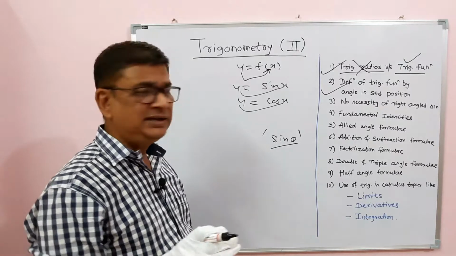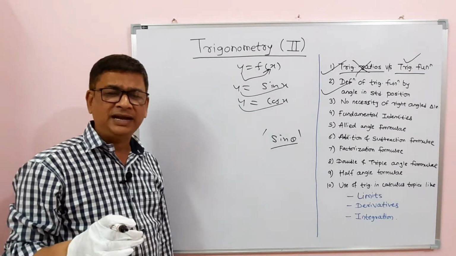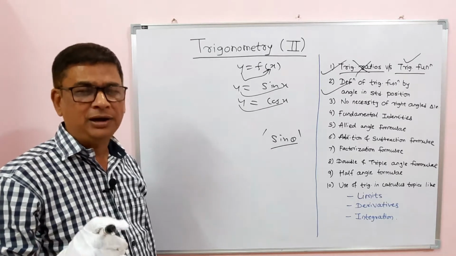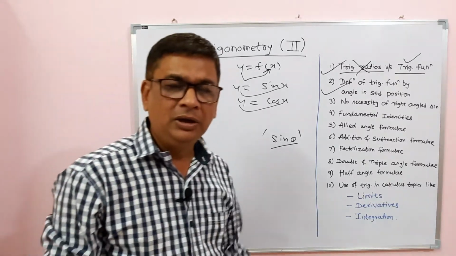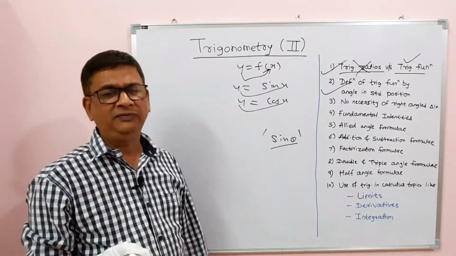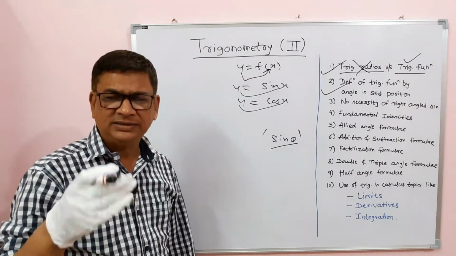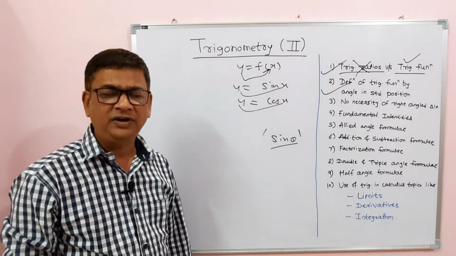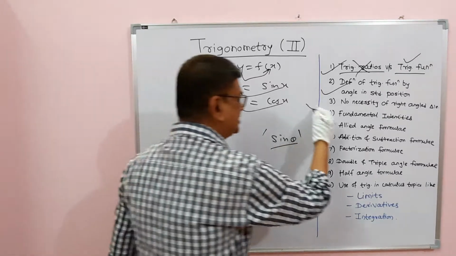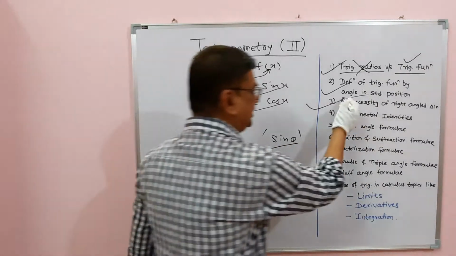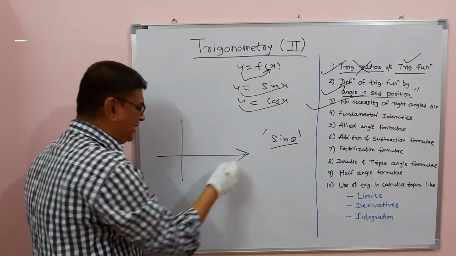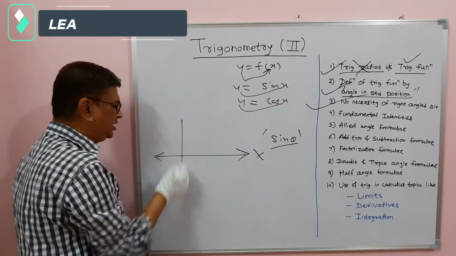Students up to 10th standard study that the definitions of sine theta, cos theta, etc. are given by considering a right angle triangle, where one of the angles is theta. But now a right angle triangle is not necessary. We consider an angle in standard position.